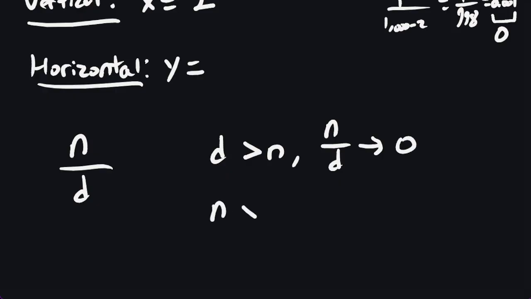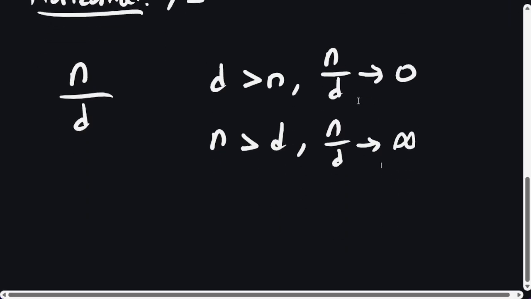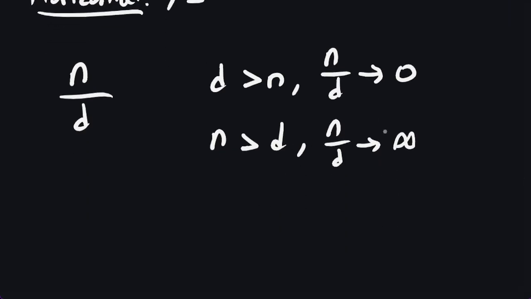If the numerator's degree is bigger than the denominator's, then the fraction will approach infinity, either plus or minus infinity, depending. What if the denominator and the numerator have the same degree? Then the fraction will approach 1.